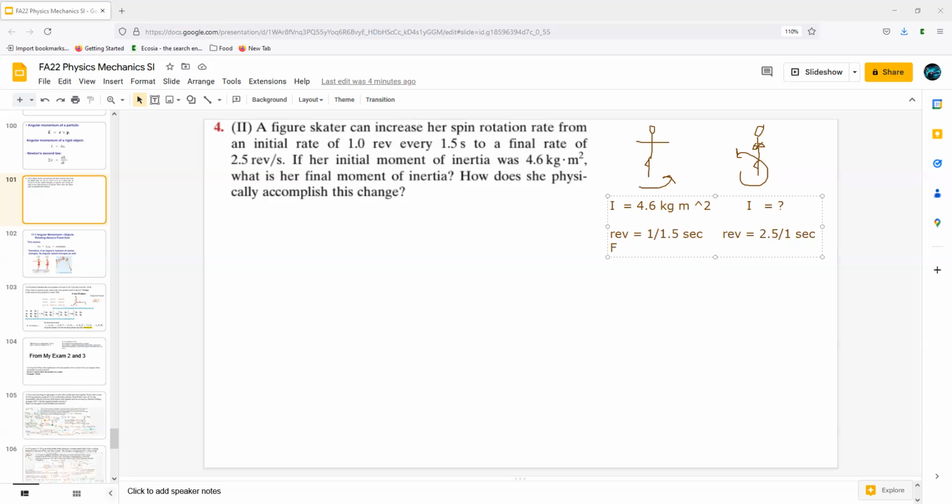Let's see. Equals 1 over 1.5, which is about 0.67.